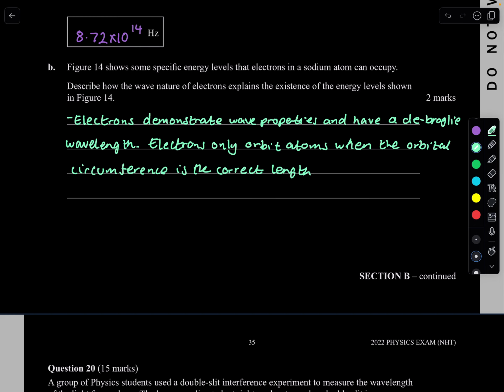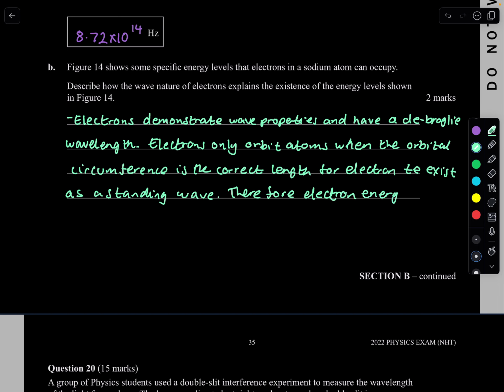So it's the correct length for an electron to exist as a standing wave. Therefore, electron energy levels are quantized or discrete.